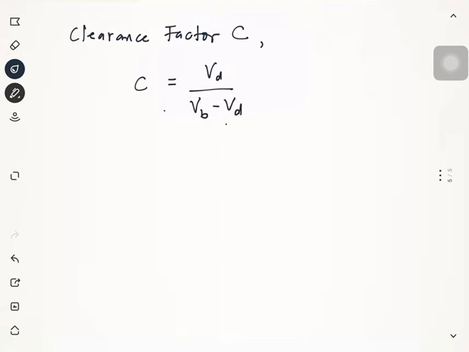Thus, you can write VB minus VA over VB minus VD.